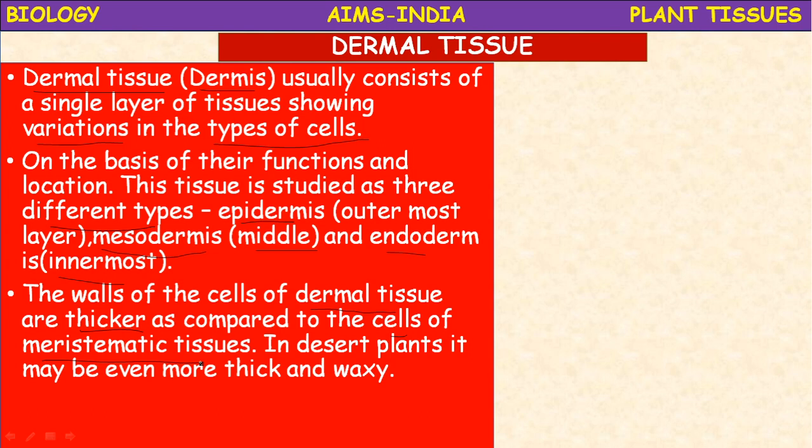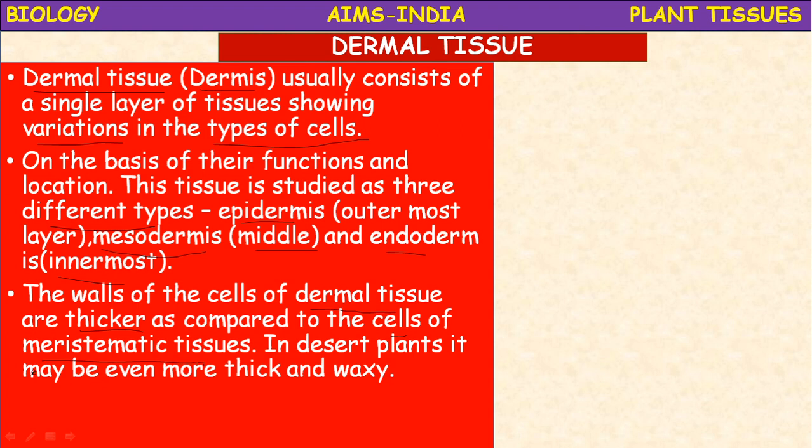After losing the capacity of cell division, the growth of an organism involves cell division and cell differentiation, cell maturation. Cell differentiation is an important step where different cells are grouped together to form tissues, and they are assigned specific functions. So as a result of differentiation only, the dermal tissue, ground tissue and vascular tissues are formed.